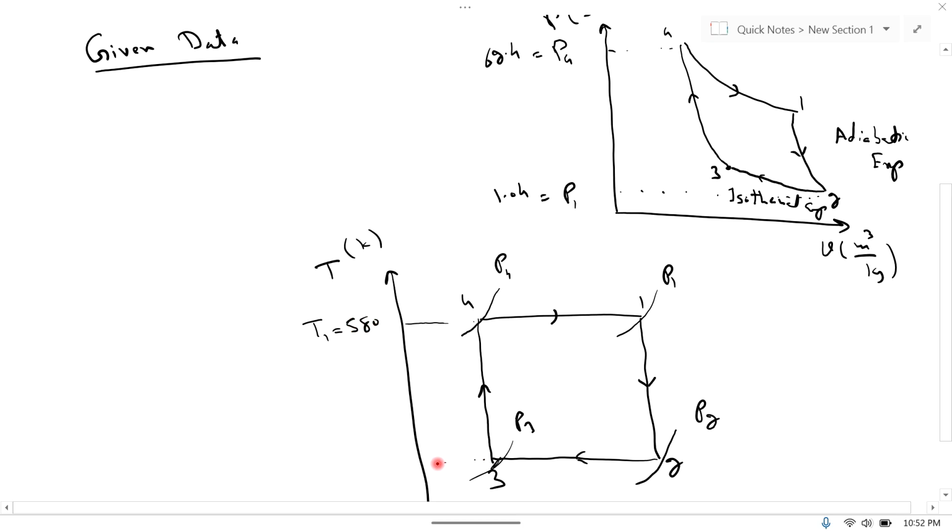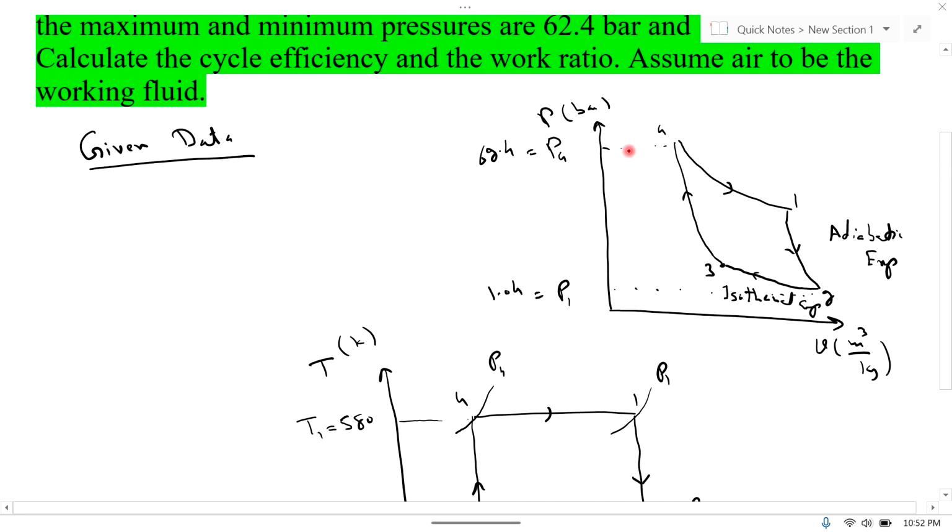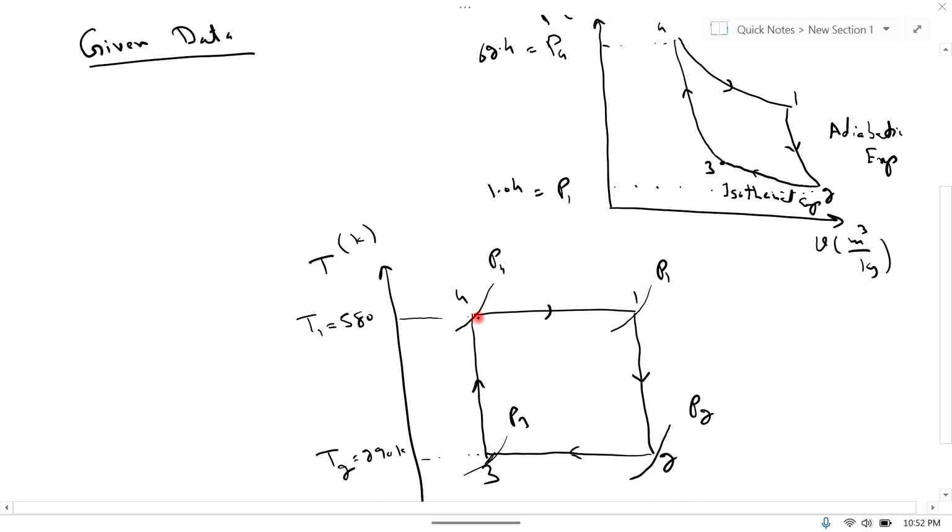The minimum temperature is 17 degrees centigrade, so in Kelvin T2 is equal to T3, which is 290 Kelvin. The maximum temperature is T1 or T4 because the temperature is constant, and the minimum temperature is T2 and T3.